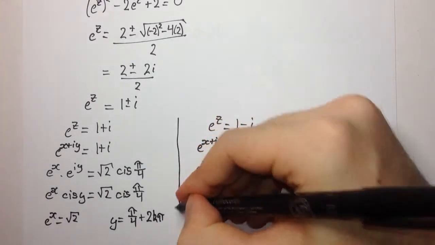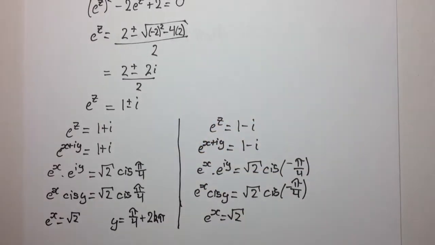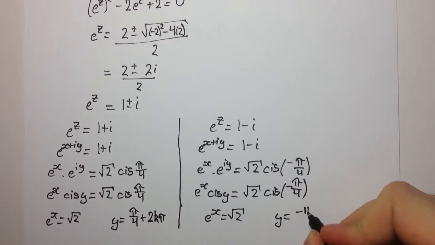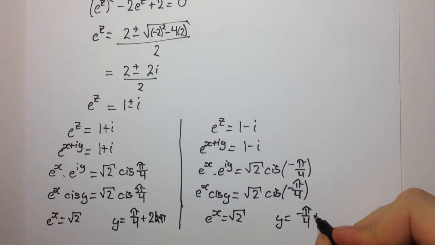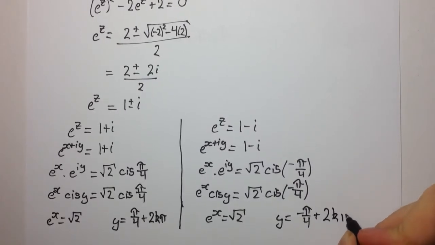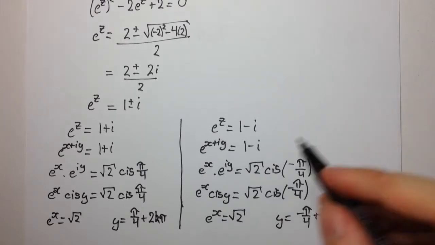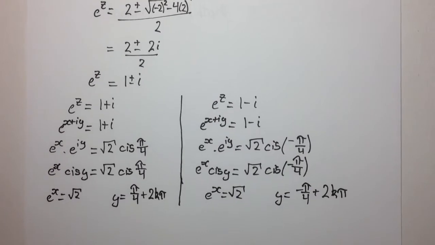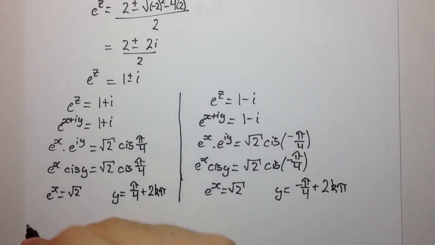Might just put a line to distinguish the two. e to the x equals root 2, and y equals minus pi on 4. But again, we can add integer multiples of 2 pi, because we're just going back around and getting back to the same complex number. Okay, now let's solve this for x.